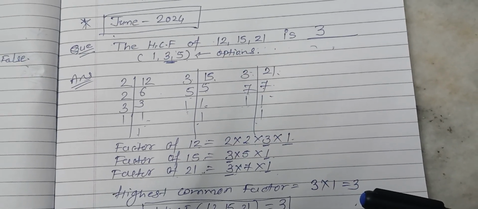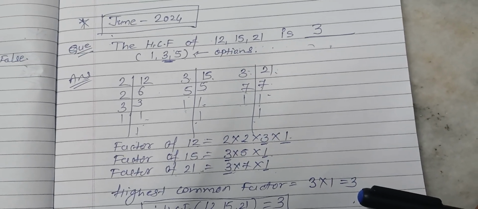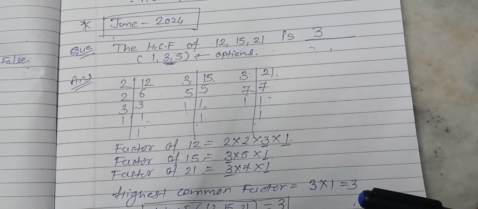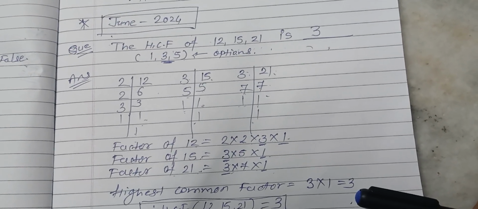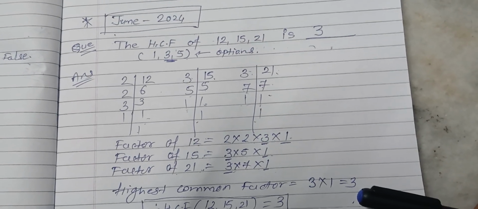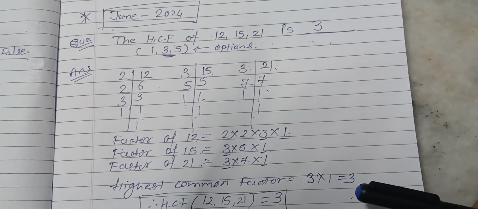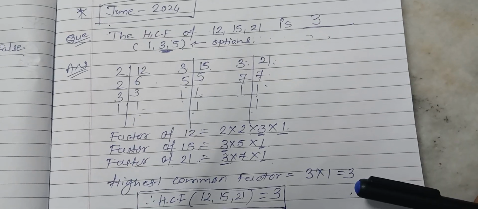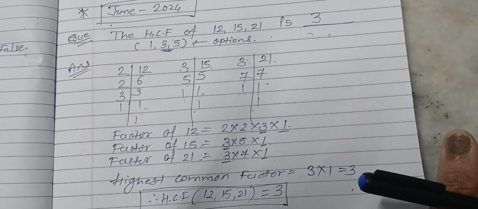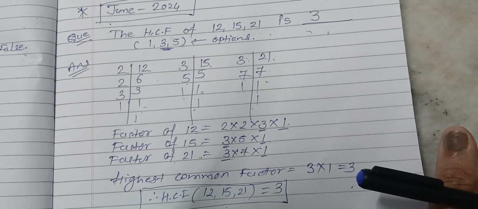Your first step is factorization, then find the common factor, which has to be the highest one, and whether it's true or false or whatever answer you find, you can put it in the blanks. Usually this question is asked in the MCQs for sure. It will be asked in the 2026 paper also. Definitely we are expecting the same.